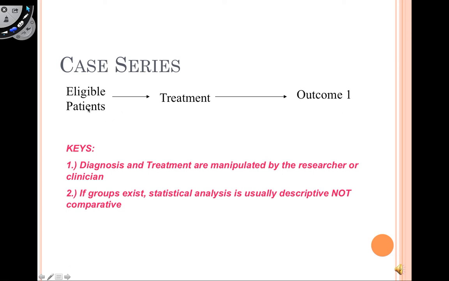It's clearly obvious in this example that there is no control or comparison group. So you have no control over things like natural history or tendency for the patients to recover on their own or mature in the case of pediatric patients. And so it's a fairly weak study design.